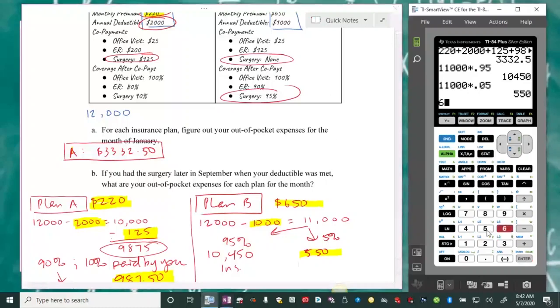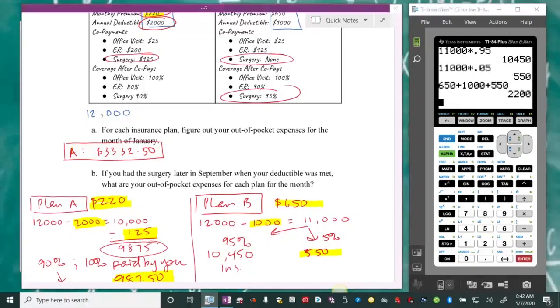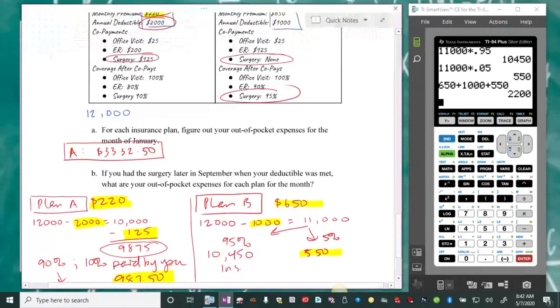So I've got $650 plus $1,000 plus the $550, which was our part after insurance paid 95%. So here's my total for Plan B. Let me get my red pen back. So for Plan B, our out-of-pocket expenses for that surgery is $2,200.